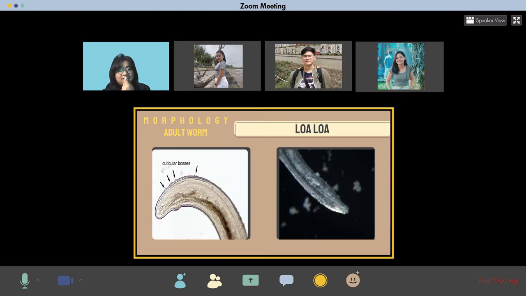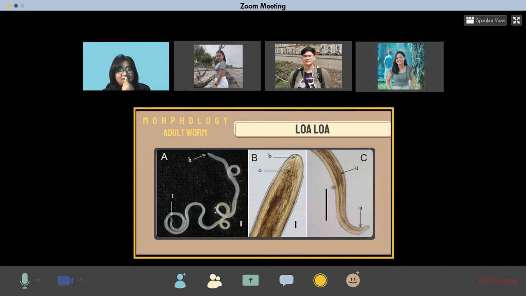In our third set of pictures, here we have an adult female Loa loa. Exhibit A shows a whole worm, in which we can observe the description mentioned before of the appearance of an adult Loa loa worm, which is thin, whitish, and cylindrical with a thread-like appearance. The letter h represents its head and the letter t, the tail.